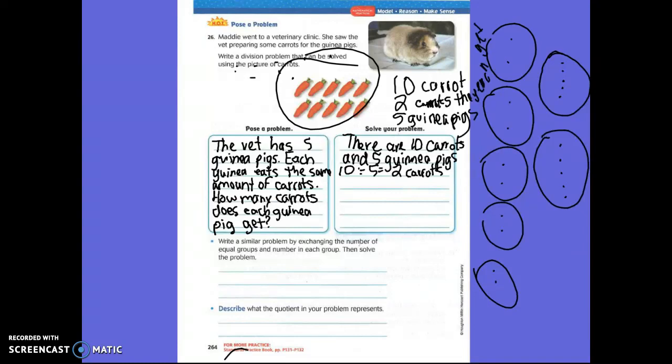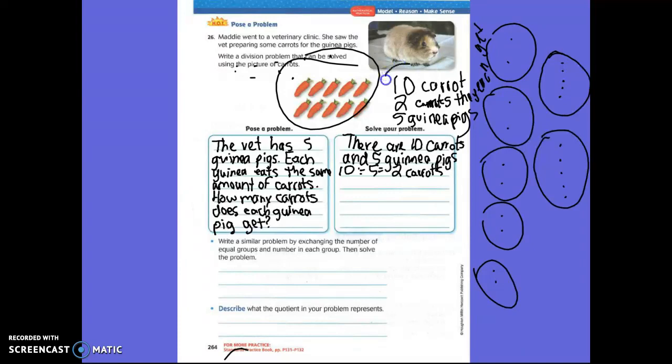Okay, 10, 2, and 5 are still going to be the same. There's still going to be 10 total carrots, 5 total guinea pigs, and 2 carrots for each guinea pig. Okay? Those are all going to be the same. We're still going to have those. But last time, we were asking the question for how many does each guinea pig get? This time, we need to ask a different question.